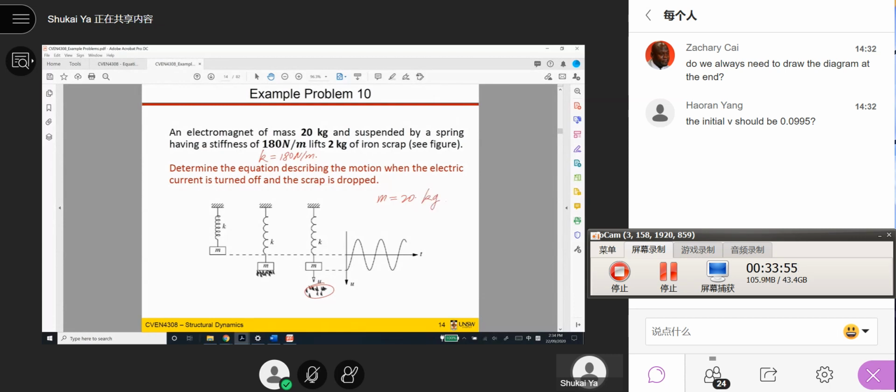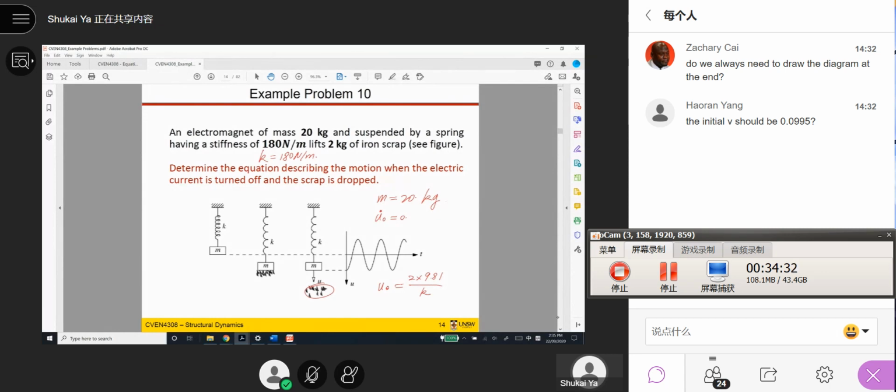So the initial velocity should be equal to 0, because it's balanced. We just suddenly release that. Before the motion occurs, it keeps constant. So the initial velocity should be equal to 0. The initial u0 should be equal to 2 times 9.81 divided by k.